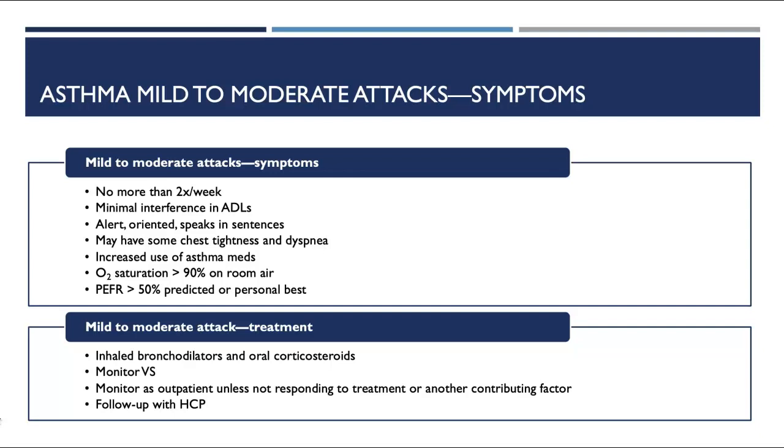Now, treatment for this is going to be inhaled bronchodilators and oral corticosteroids such as prednisone. We'll monitor vital signs, and this will be monitored as an outpatient unless they're not responding to the treatment or there's some other contributing factor. And afterwards, they'll be following up with their healthcare provider.